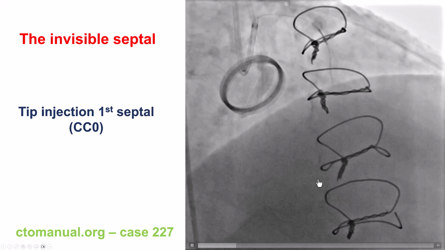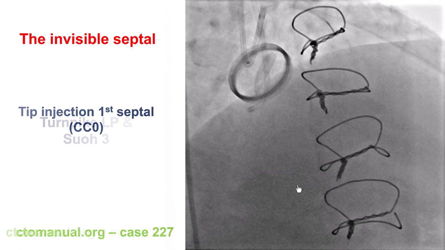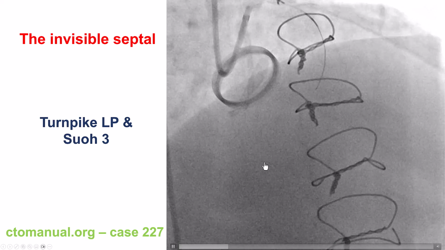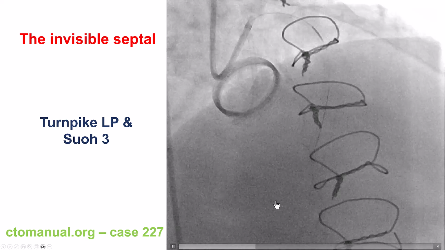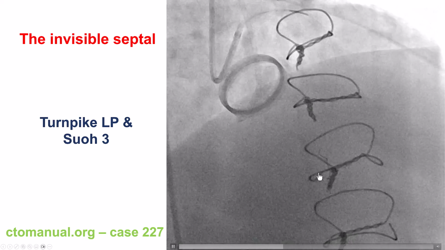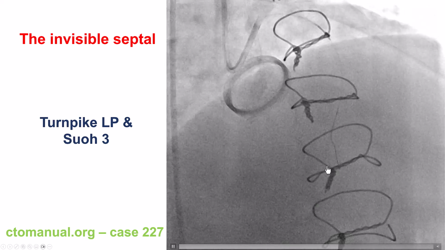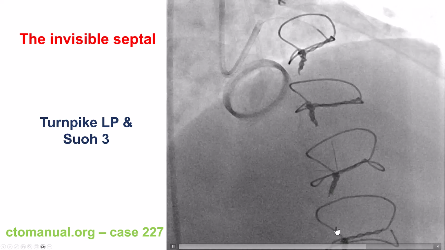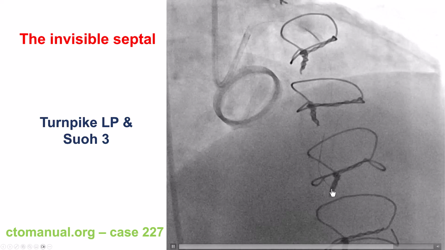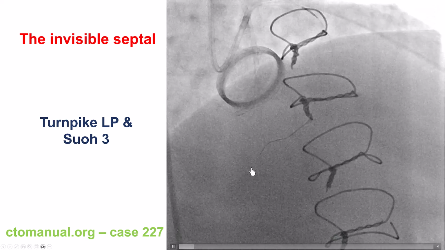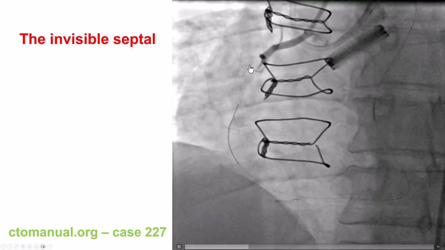We don't really see contrast going all the way to the PDA, but then we tried with a SUOH 03, which is a soft non-polymer guidewire, and the wire actually eventually successfully found a way and successfully crossed into the right PDA. So sometimes it's worth trying to cross even those invisible septal collaterals.